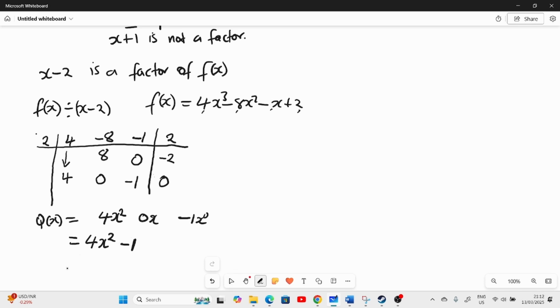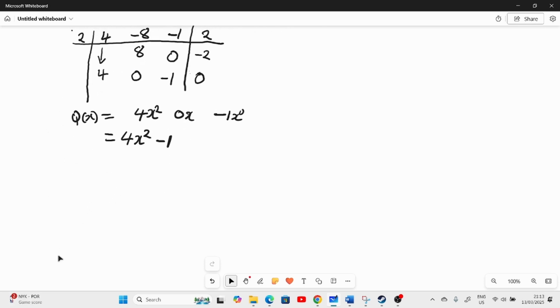Now this means that we can write our given polynomial f of x as a product of its factors, which is x minus 2 and 4x squared minus 1. But when we look carefully at this, it shows that we can factorize it further. Let's factorize 4x squared minus 1.